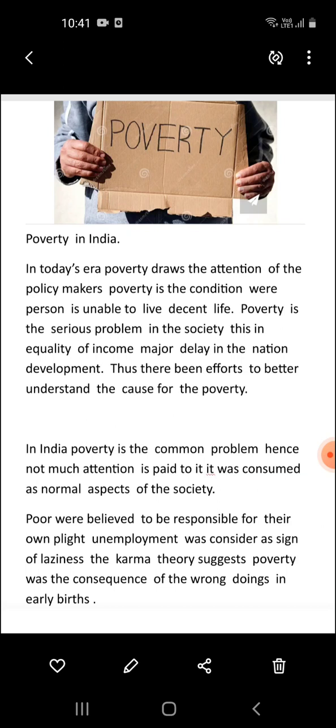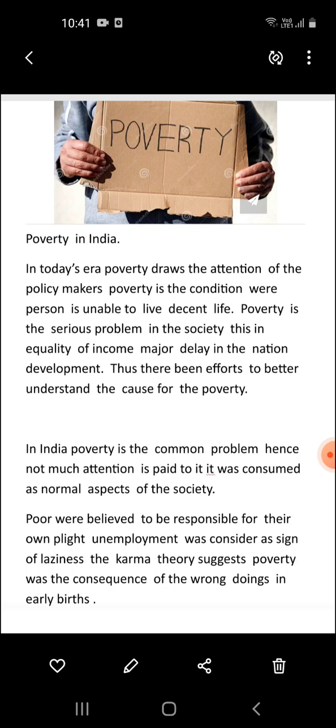On the other side there are the poor who don't have money even to fulfill their basic needs. In India, poverty is very common. There is widespread income inequality and unequal distribution of opportunity, and it is one of the major problems for the development of the nation as well as society.